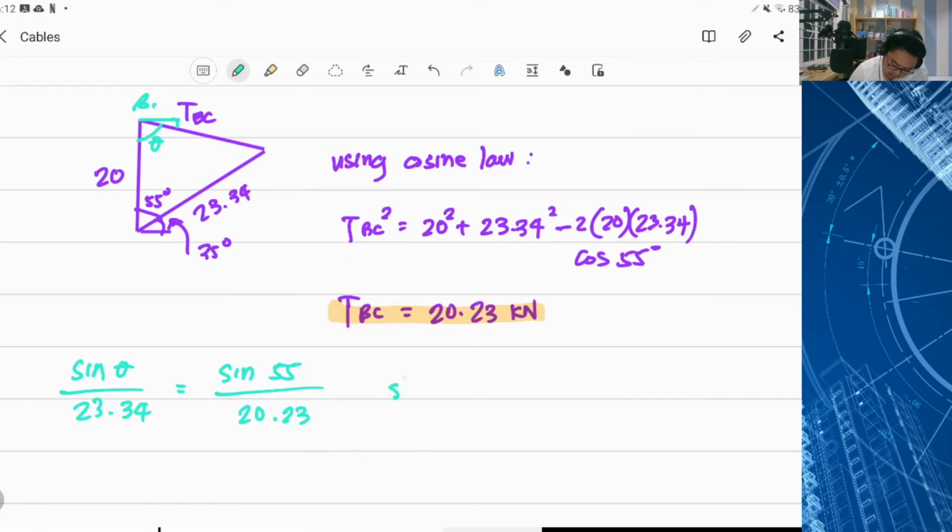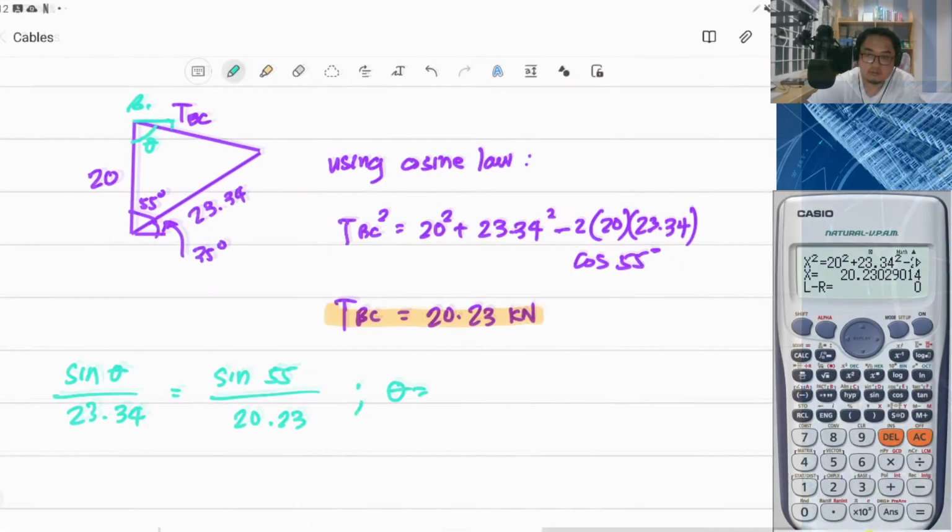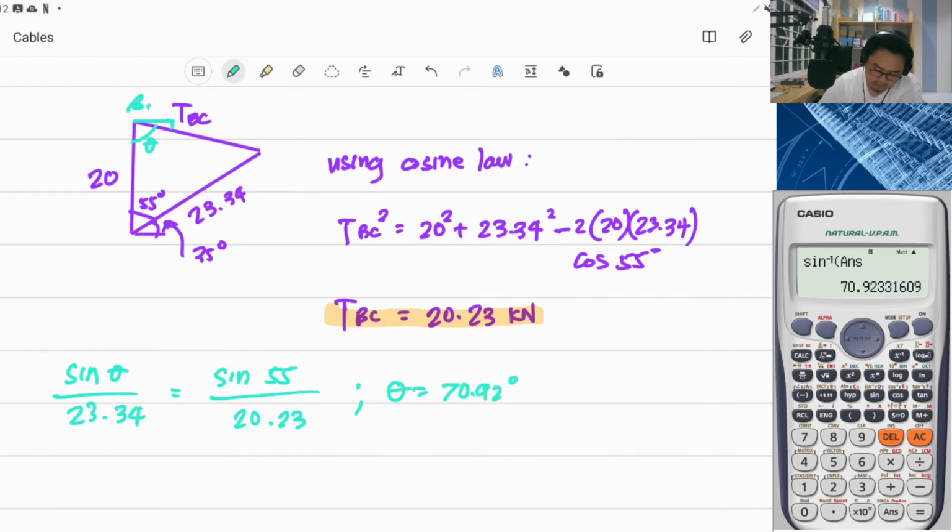So theta equals, shift sine. So this is 70.92 degrees.